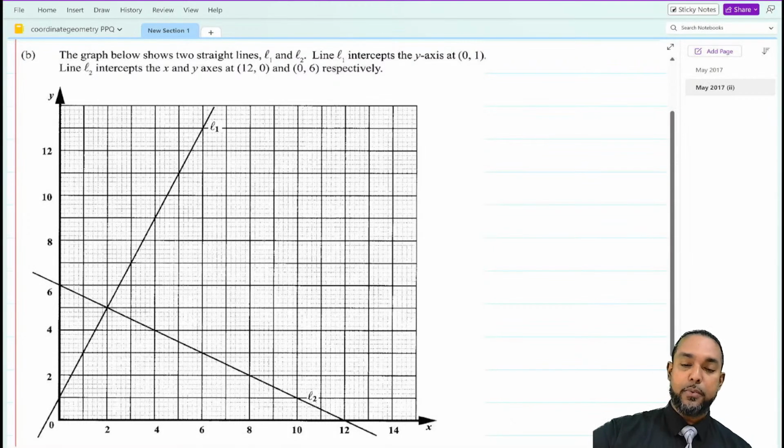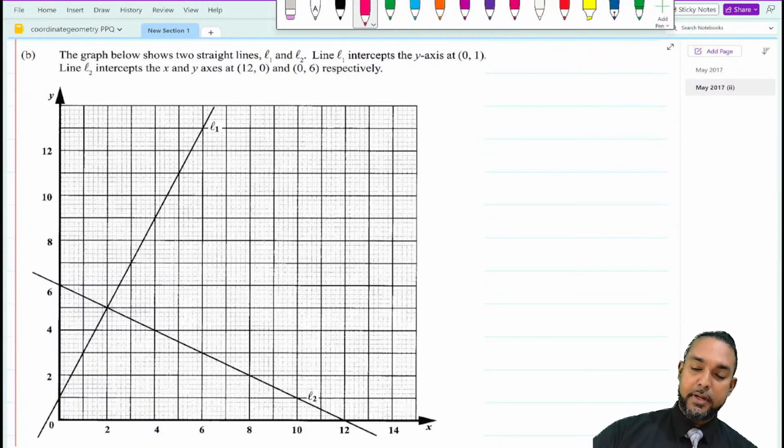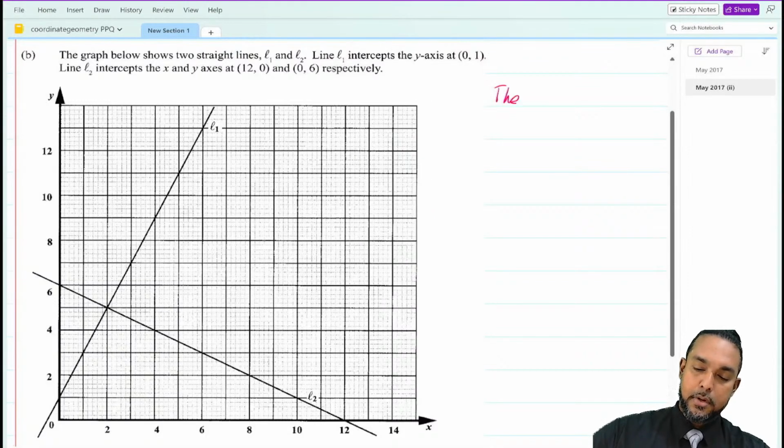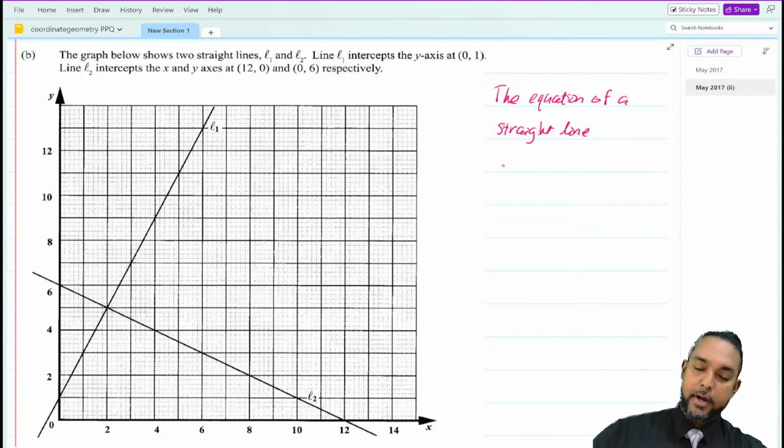We have a couple of different ways we could state the equation, but in my opinion the most efficient one is the following. The equation of a straight line is y equals mx plus c, where m is the gradient, which we know and have found, and c is the y-intercept.